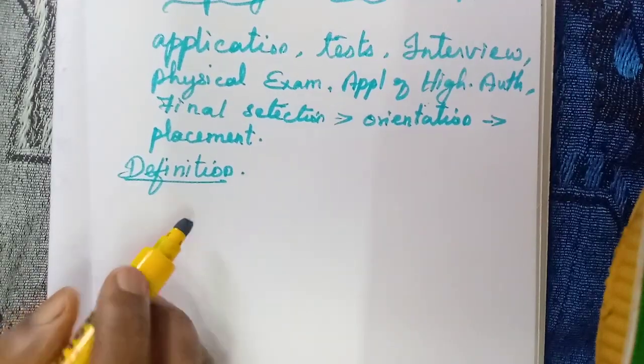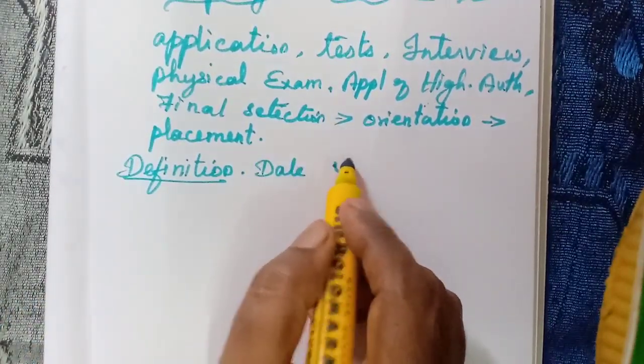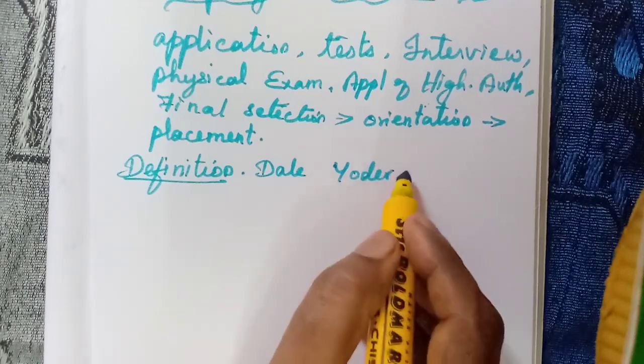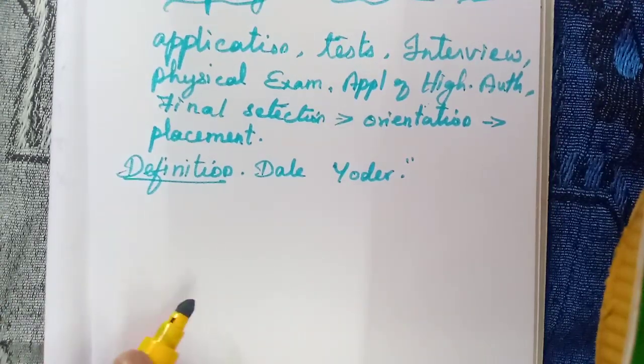One definition is given by Dale Yoder. What does he say as the definition of selection? Selection is a process in which the candidates for employment are divided into two classes: those who are to be offered employment and those who are not.